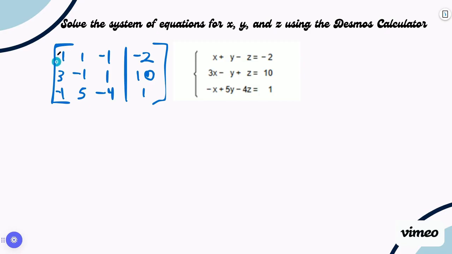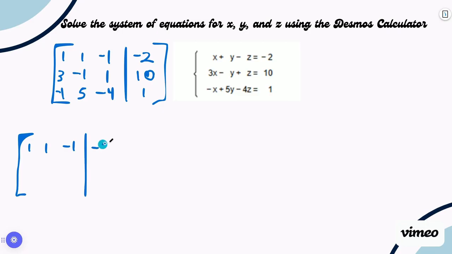Well, I need its additive inverse. Since this is a positive 3, we want this to be negative 3. So I need to multiply everything through by negative 3. I'm going to keep that first row, 1, 1, negative 1, negative 2.